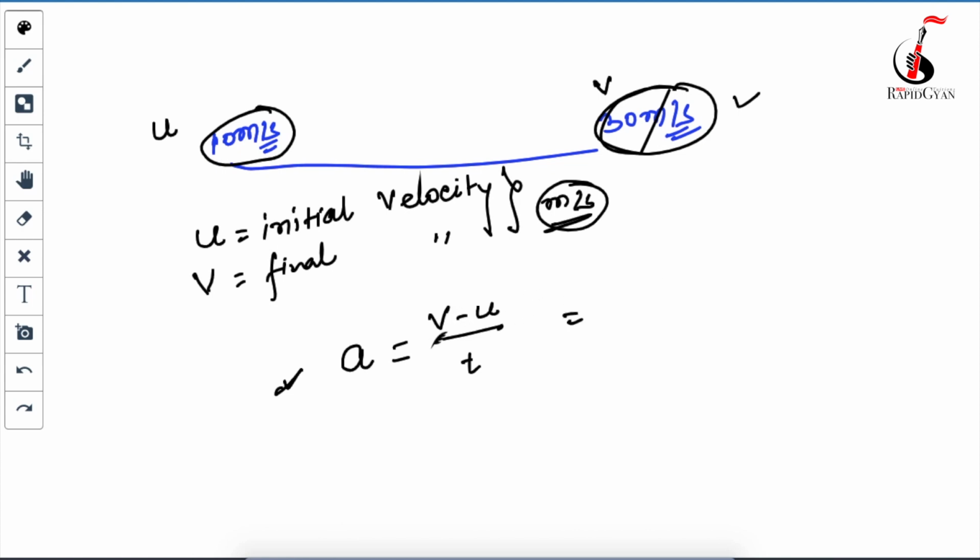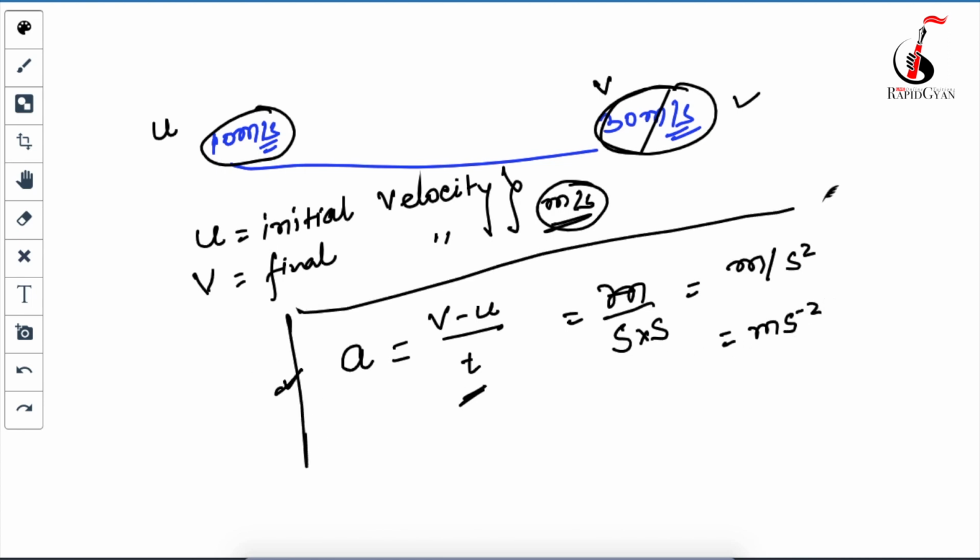In the numerator it's velocity, so meter per second, and then it's time, so one more second. The unit of time is second. So the unit of acceleration is meter per second square. You can write it like this, or you can write it as m s minus 2. Just remember this, guys.